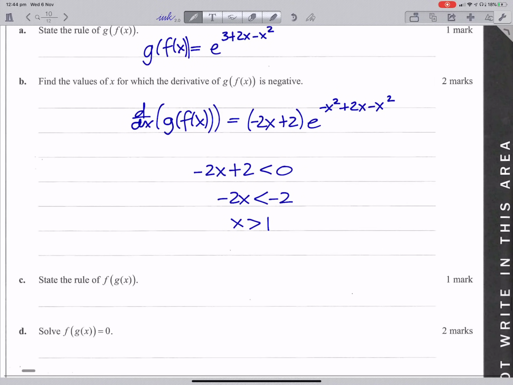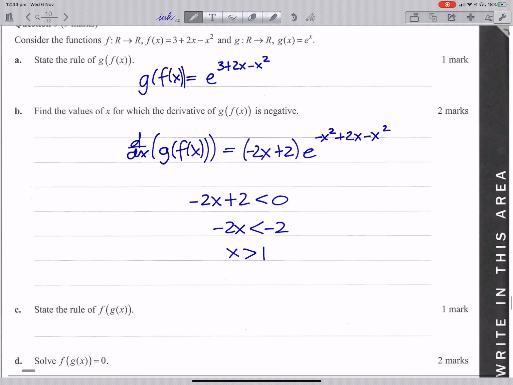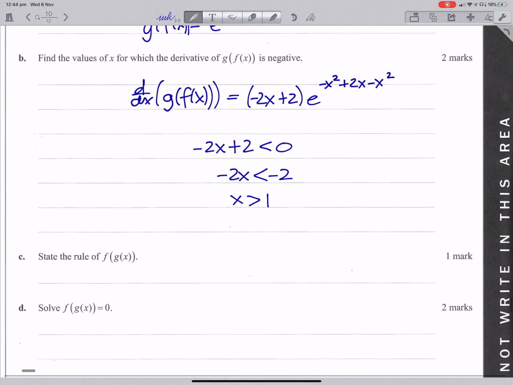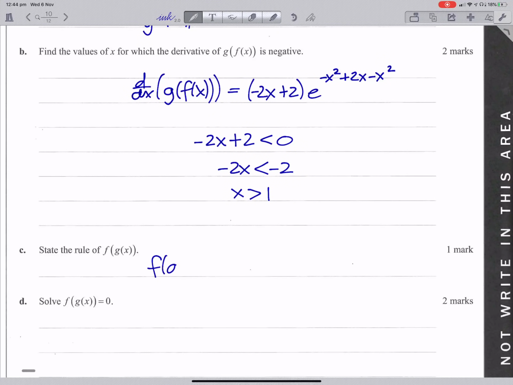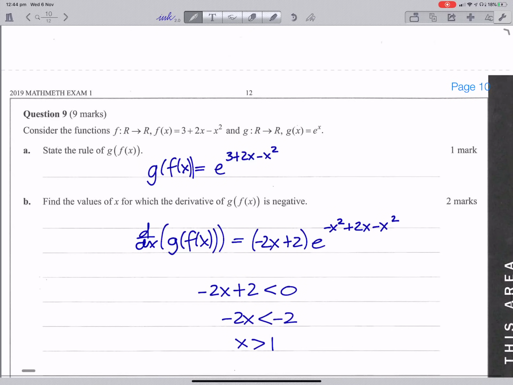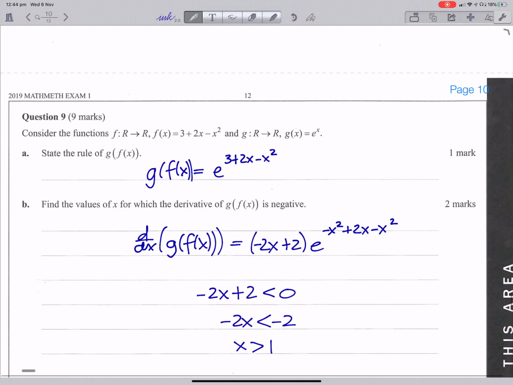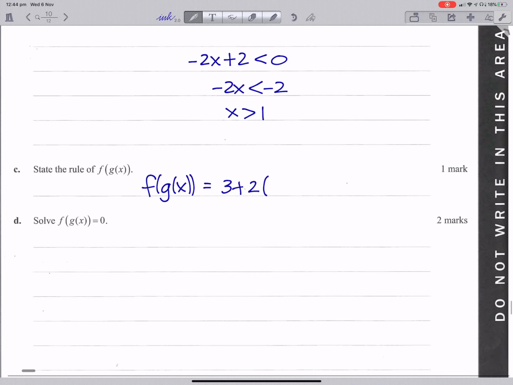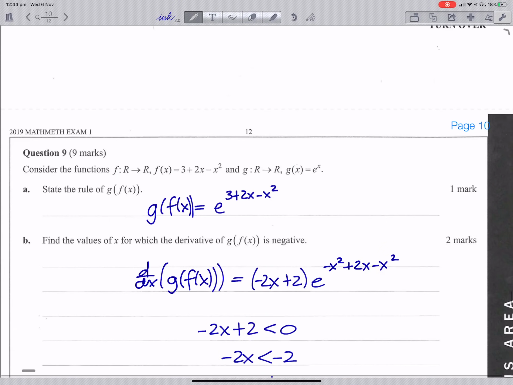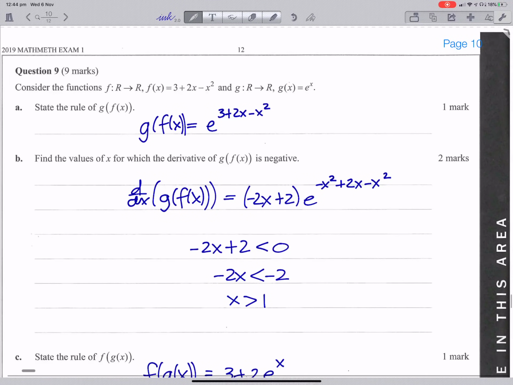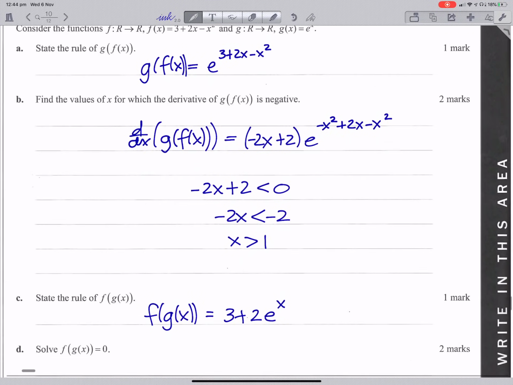State the rule of f of g of x. So f of g of x is 3 plus 2 times e to the x, and then minus e to the 2x.